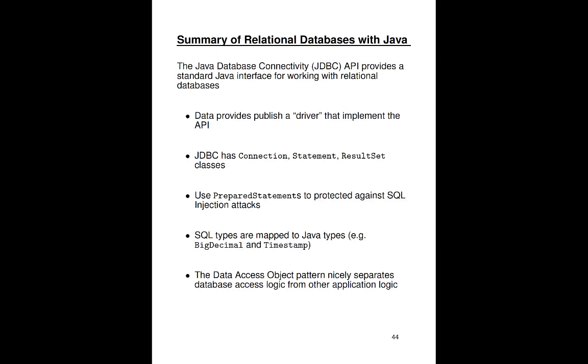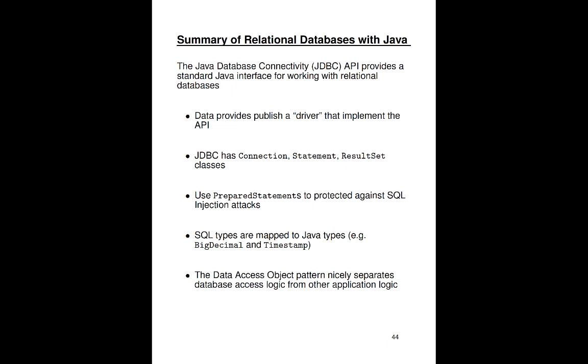Okay, well, that's it. We covered a lot here, and it was all about JDBC and working with relational databases from Java programs. The JDBC API is a standard interface that all Java programs can use to work with relational databases.